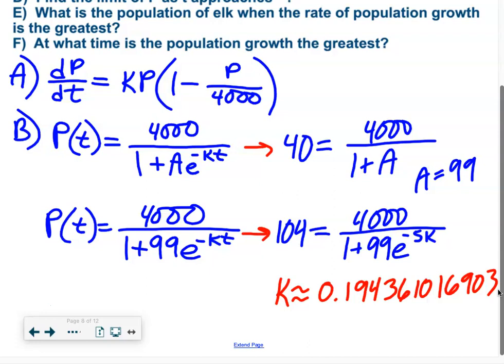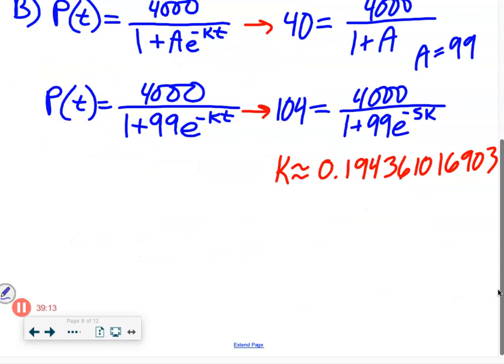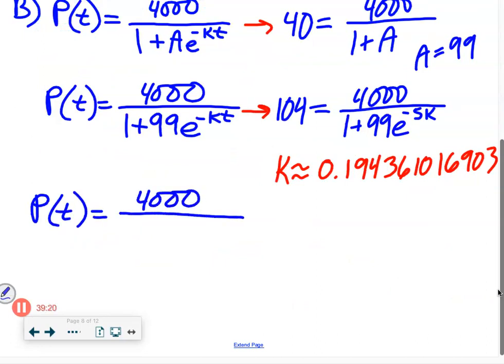How'd you do with your K? Pretty okay. Good. Okay. So now I'm going to rewrite P of t again. So 4,000 over 1 plus 99e to the negative, and I'm going to round my K when I write it, but if I were to use it in my calculator, I'd use the whole big decimal, right?